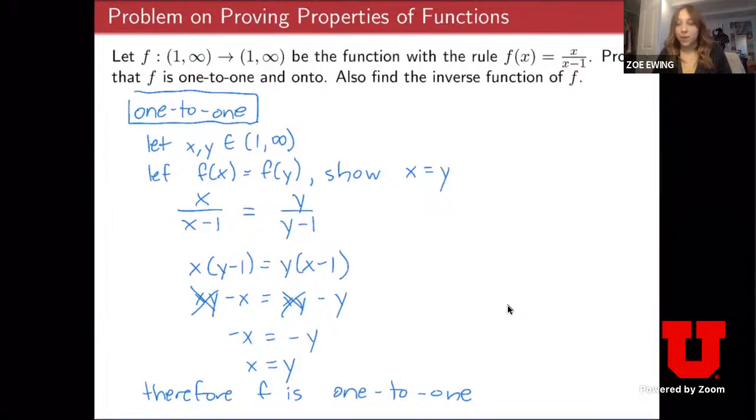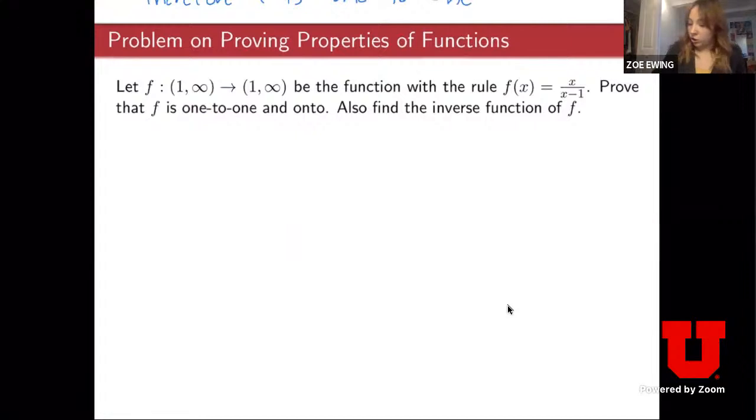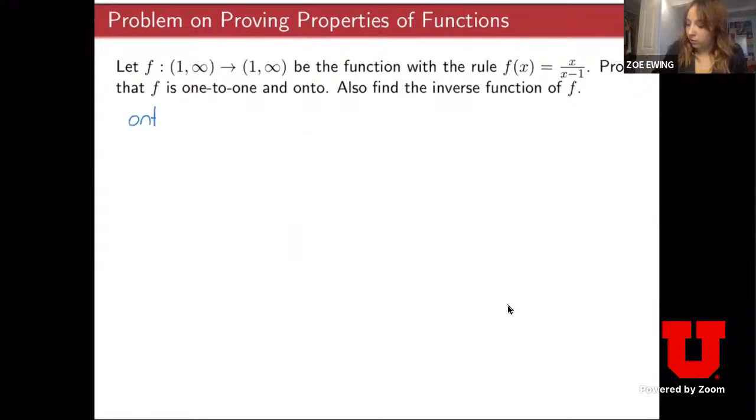Yes. Awesome. So now let's do an onto proof for this one. Onto proofs are tricky. We definitely noticed that in the homework. So for f to be onto, we want to start by letting some element, let's say y, be in the set of 1 to infinity.